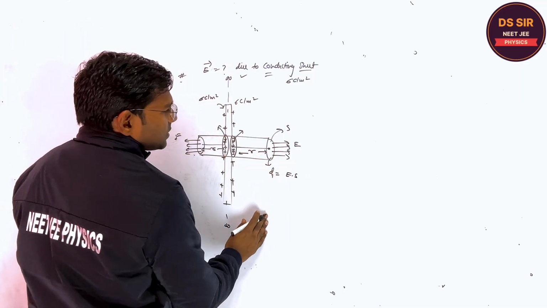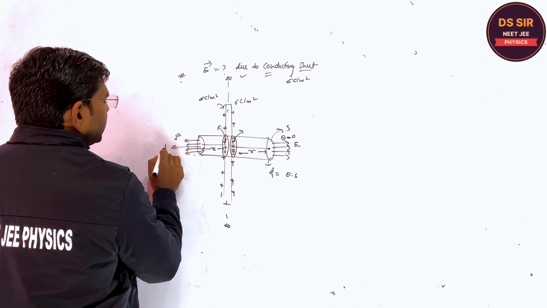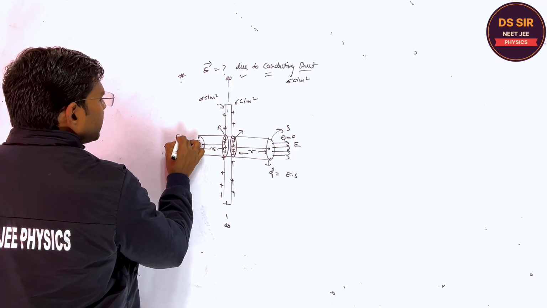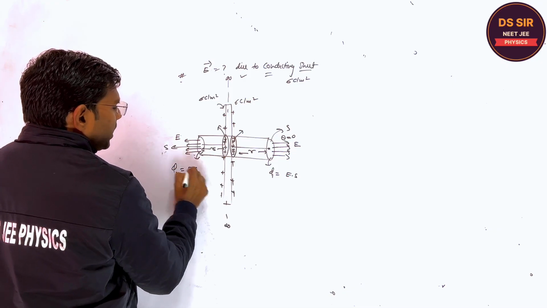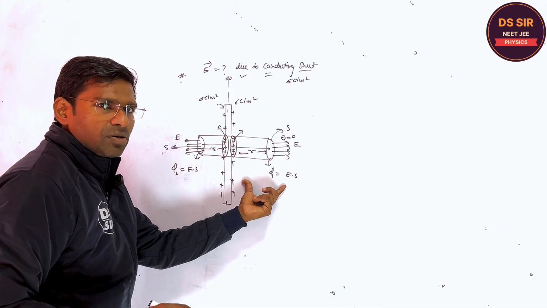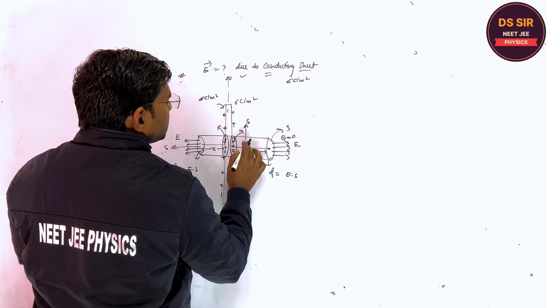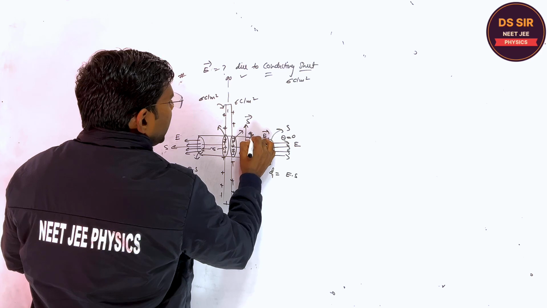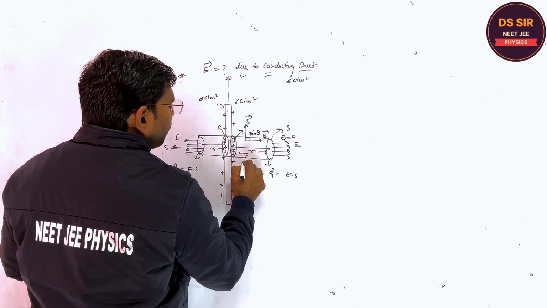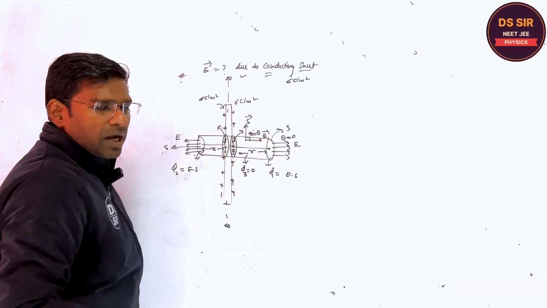Say E into S, because theta is 0. Also if it is the S vector, the electric field is in this direction. What is the flux linked with this? Say E into S. If you consider the lateral surface again, this surface vector and the electric field vector are at 90 degrees. So what is the flux linked with this lateral surface? 0. Are you getting or not?